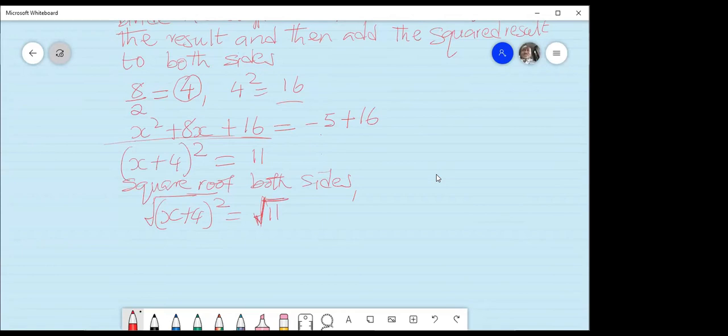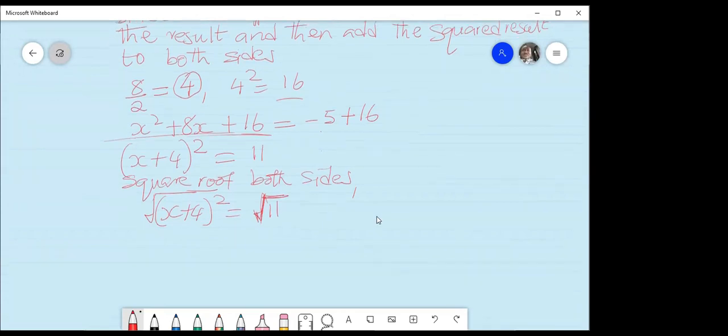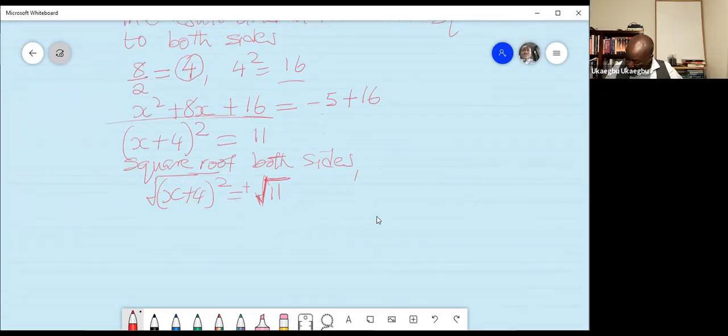No, so we can leave it like that. And of course, that's actually plus or minus. And then the left side gives us x plus 4 equal to plus or minus square root of 11.